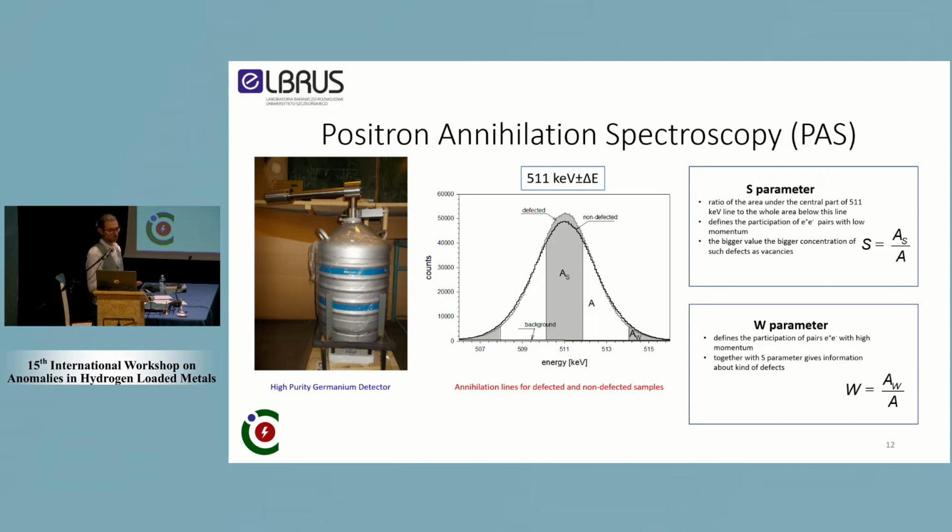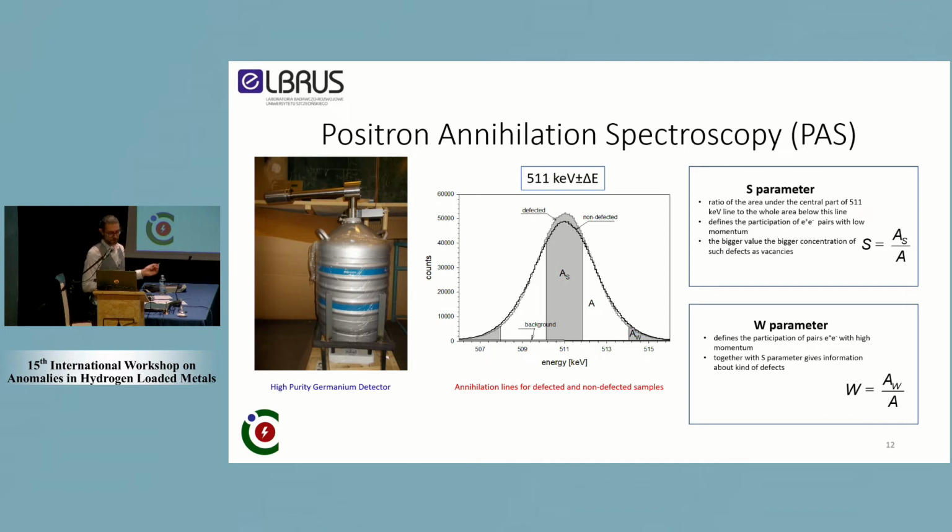So we look at two different peaks of gamma radiation around the sample, and the time resolution will give us a very good idea of how this beam of positron is interacting with the vacancies and the defects.